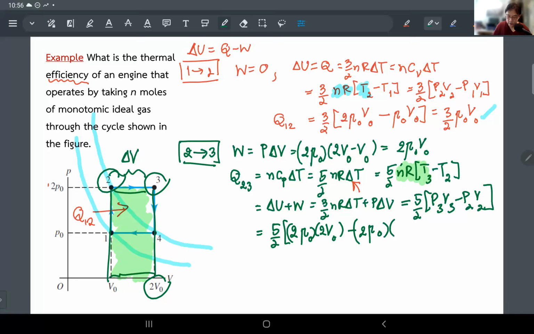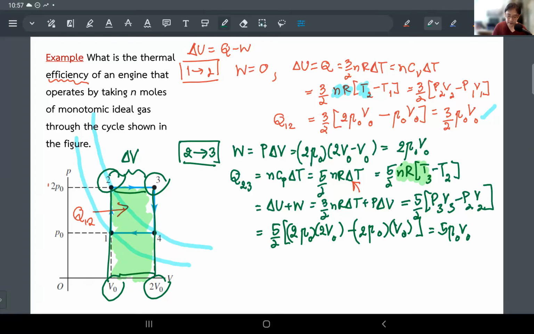The volume is only 1 V naught right there. There you go. And 4 minus 2 is 2. 2 cancels with 2, so it's 5 P naught V naught. Very good. And once again, the final answer that you get during the 2-3 segment is positive.